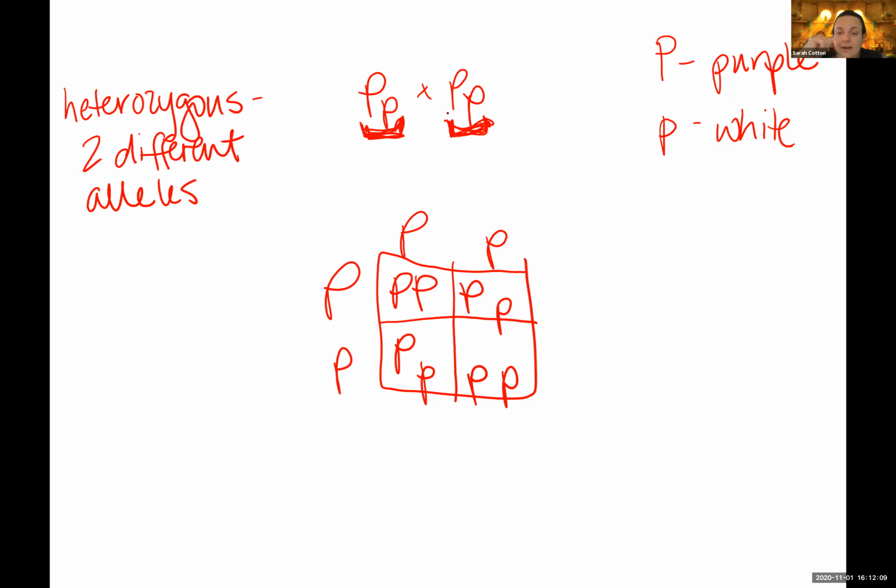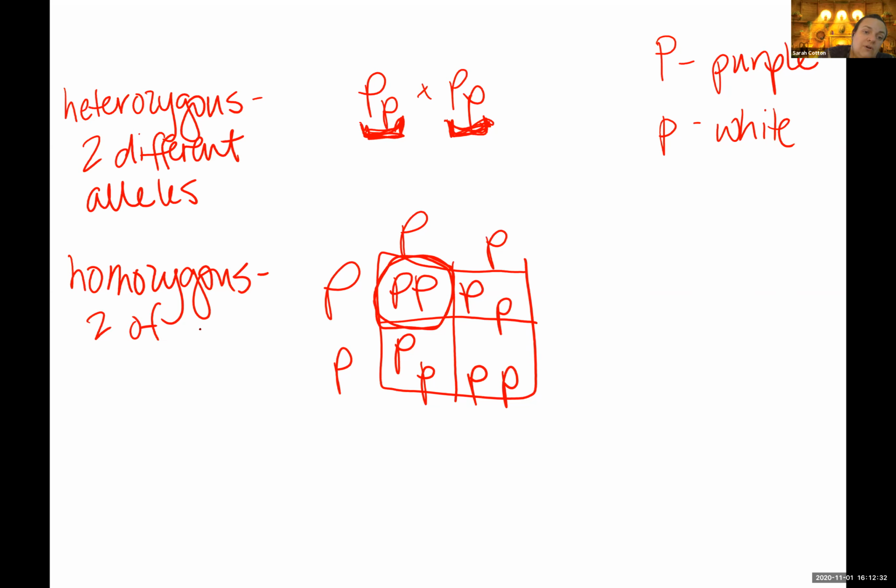So what would this individual look like? Two big P's. Well, let's introduce some terminology. If heterozygous means two different alleles, what does homozygous mean? Two of the same allele.